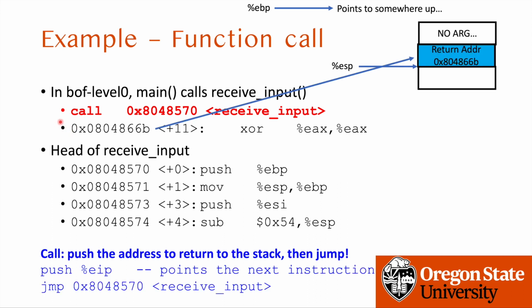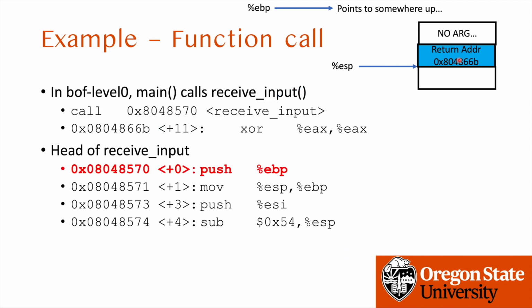So push EIP puts the address of the next instruction after the call onto the stack, and the push also shifts the ESP one block down, and in a 32-bit machine, one block is 4 bytes. So it puts the return address on the stack, and then moves the ESP 4 bytes down. We see that the ESP gets one block down, and the stack stores the return address here.